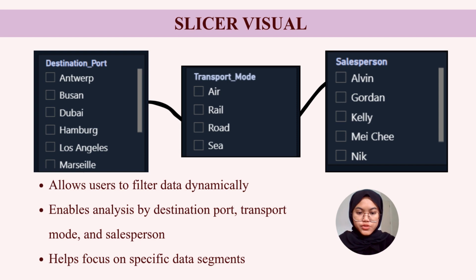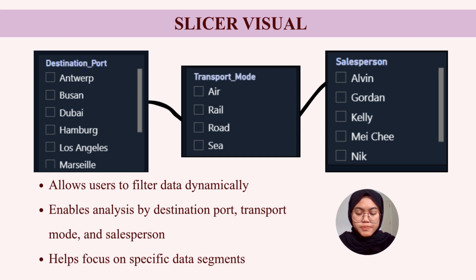Moving on to the next slide, I will explain about the slicer visual that we use in the dashboard. This slicer visual allows users to filter and interact with the dashboard data more effectively. In this dashboard, the slicers are based on the destination port, transport mode, and salesperson.